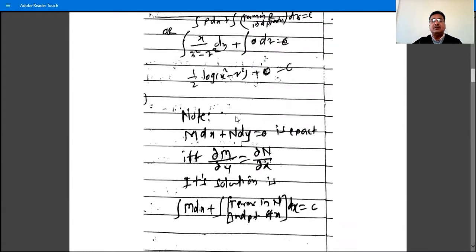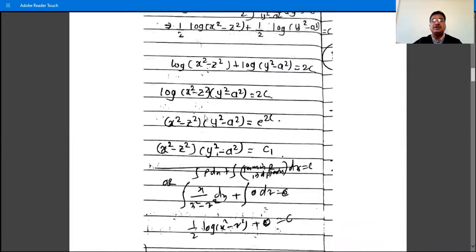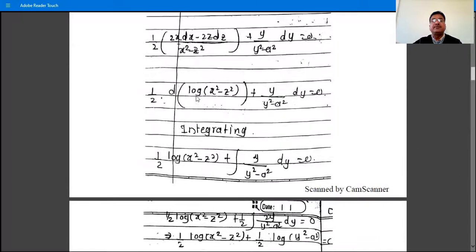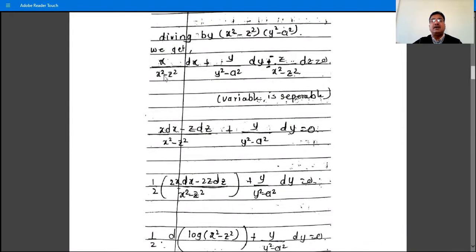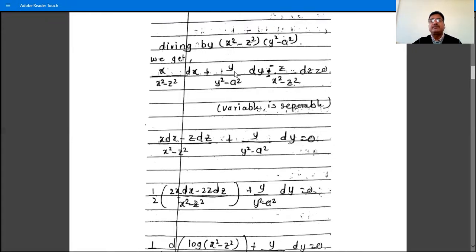So here this differential equation, x by x square minus z square dx plus y by y square minus a square dy, is in the form P dx plus Q dz. P is a function of x and z, and Q is again a function of x and z.